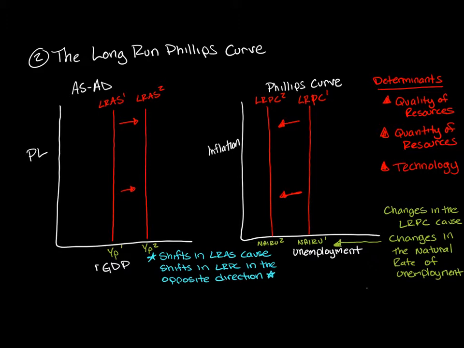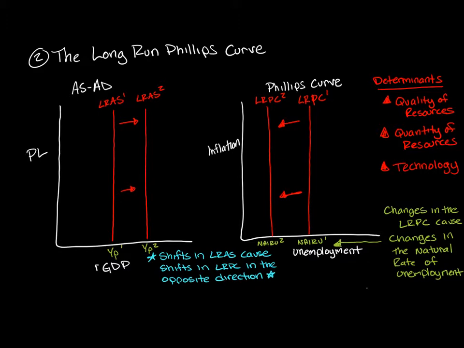So just like in the short run, our shocks here are going to be the opposite for the Phillips curve of what they were for aggregate supply and aggregate demand. The reason, once again, being that we have inverted the x-axis here. So our GDP and unemployment have an inverse relationship, and because of that, what was left on one model is going to be right on the other, even though we're essentially showing the same thing.